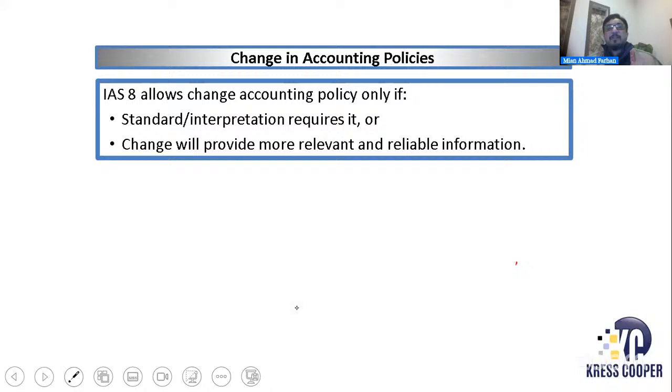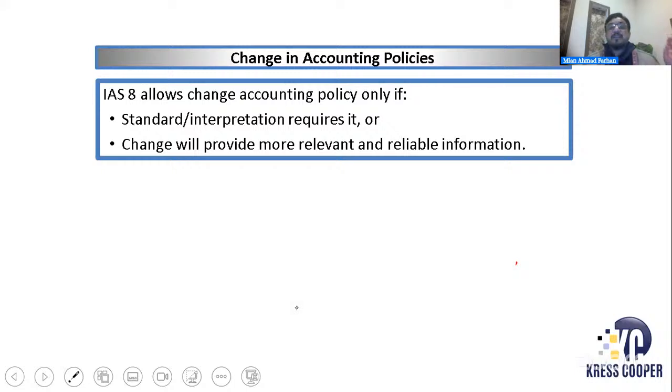Then in the previous few years, from 2018 onwards, the policy about leasing was changed, about revenue recognition was changed, about financial instruments was changed. So whatever the policy suggested in the new accounting standards, as you saw, earlier there was IAS 18 talking about revenue recognition. Now it is IFRS 15.